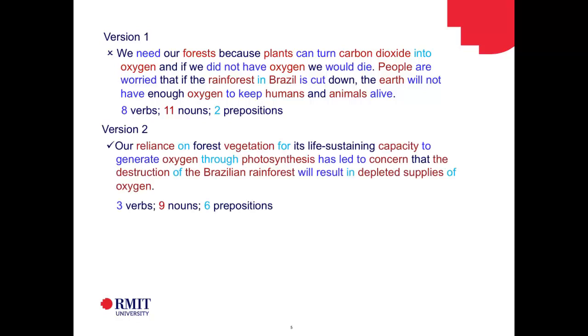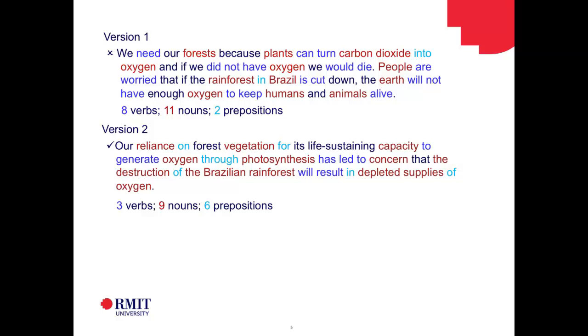Now, in the second version, there's only one sentence and it gets rid of unnecessary repetition by creating these noun clusters: forest vegetation, life-sustaining capacity, Brazilian rainforest, depleted supplies.